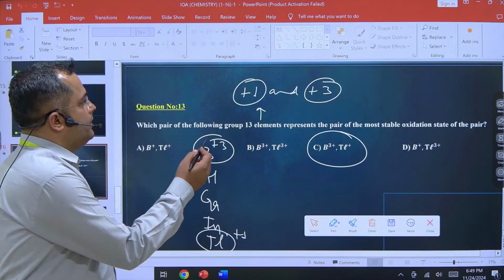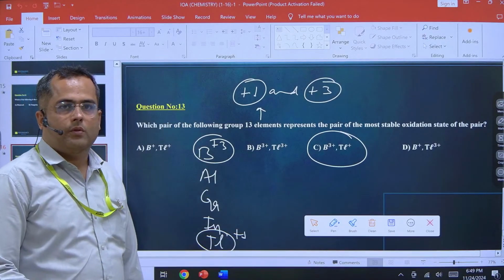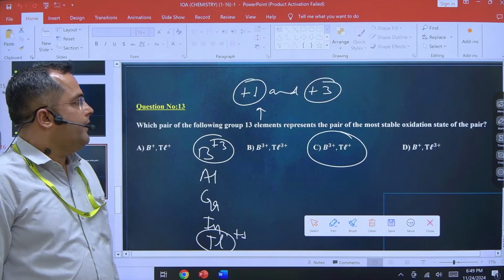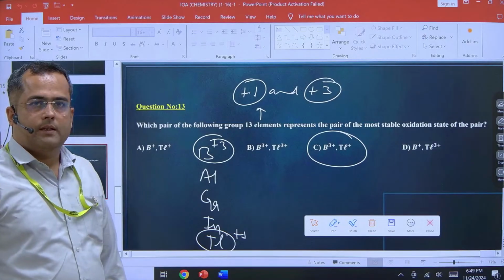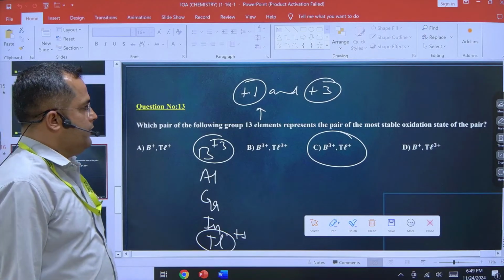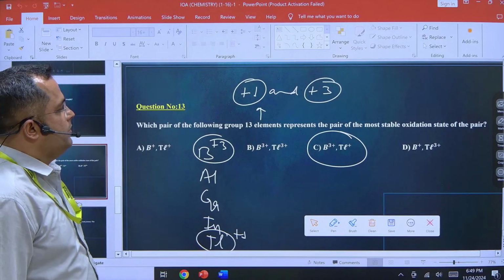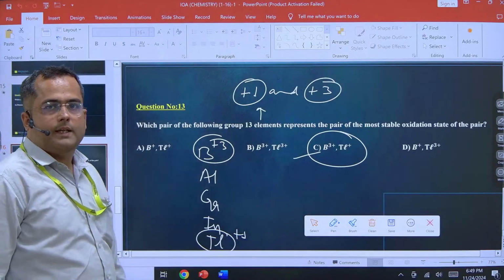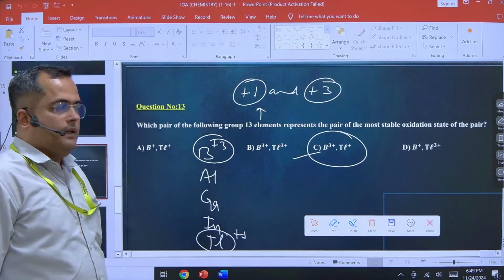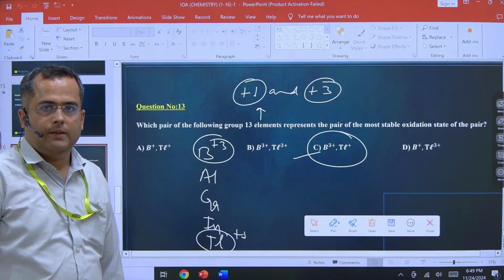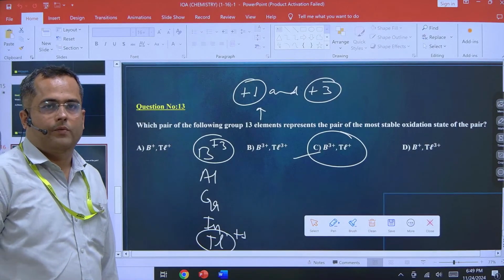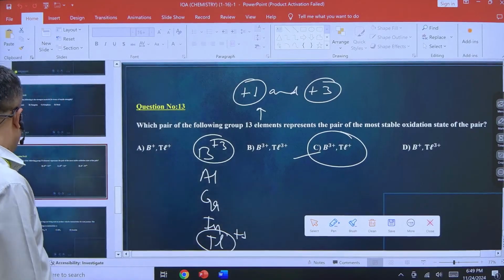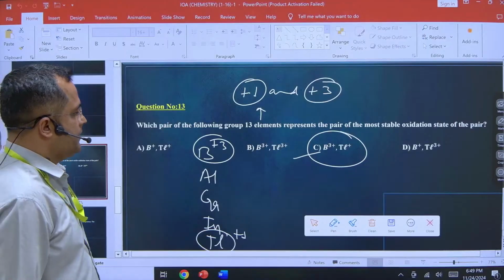As we go down the group, due to inert pair effect, the lower oxidation number is more stable because the two electrons in the s orbital don't participate in bonding. So from my side, for question number 13, option C is correct. Okay, it is a basic question. If you know inert pair effect, we can easily answer these questions. Okay, can we move to the next question?